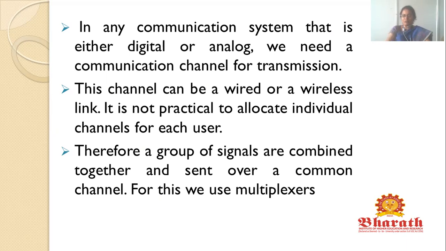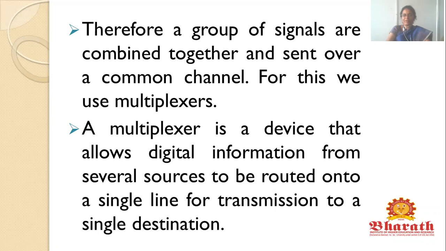For this, we use multiplexers. A multiplexer is a device that allows digital information from several sources to be routed onto a single line for transmission to a single destination.